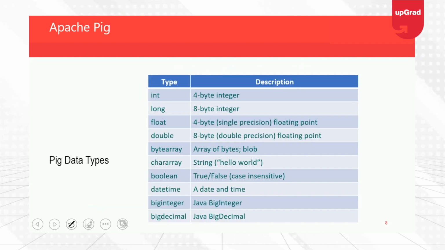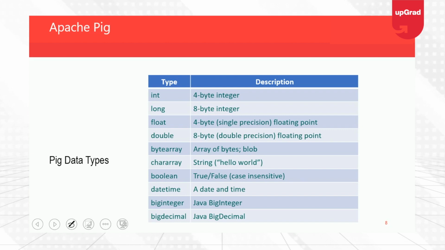Let us discuss the various data types which are provided by Apache Pig, and these data types fall under the category called scalar types. These scalar types are basically used to store the atoms or the atomic values in Apache Pig. We have these data types categorized under various categories such as integers, where we have int and long, decimals where we have float and double.